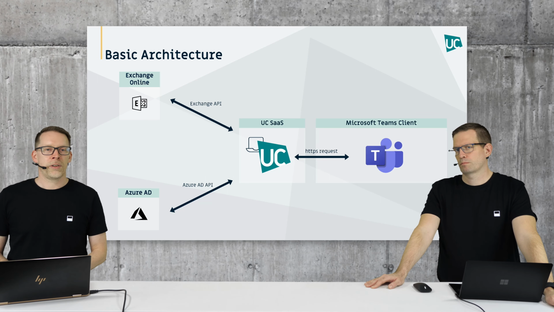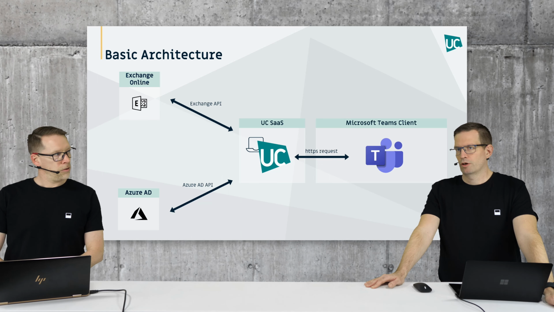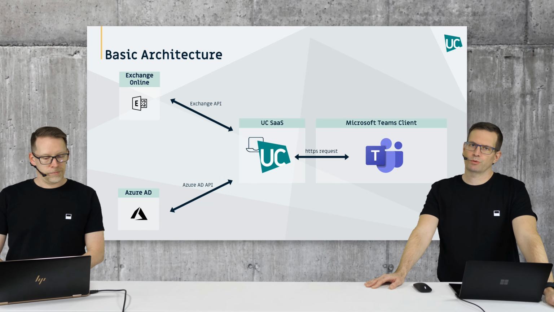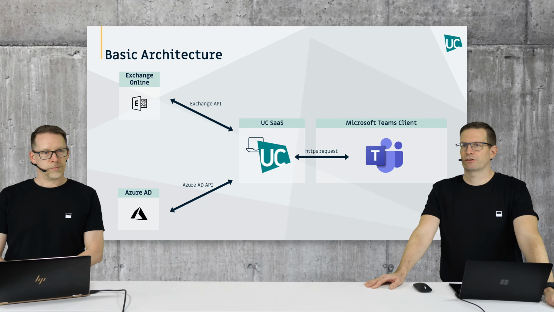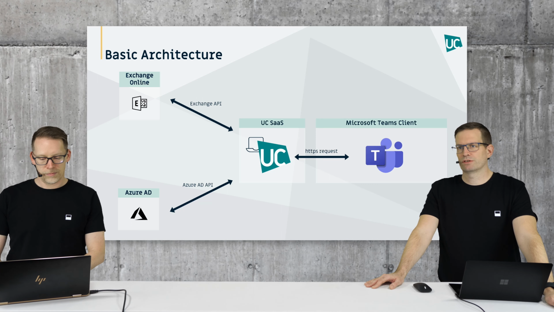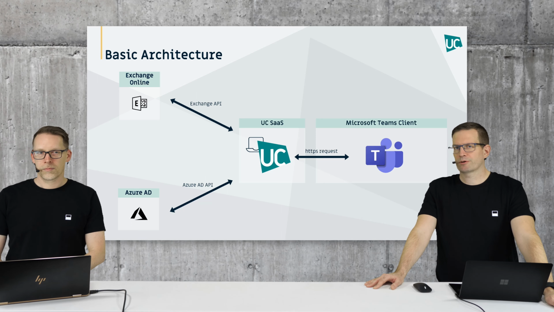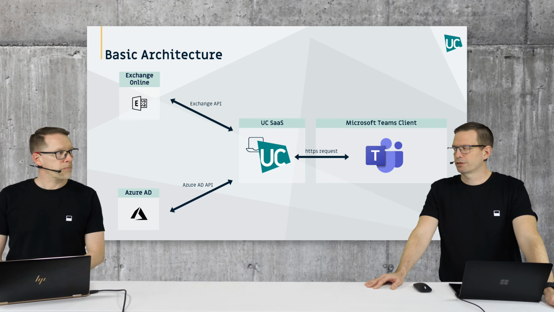From there, we access your Exchange or your Azure AD environment using the Azure AD API or Exchange API, using Graph. Important here is that the communication between your Microsoft Teams client and our SaaS platform is encrypted, so it's secure. We are using HTTPS requests, so all the information is encrypted between the client and the platform.